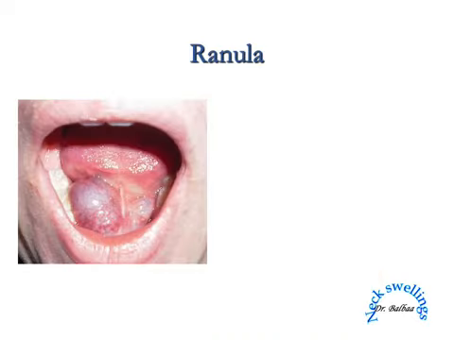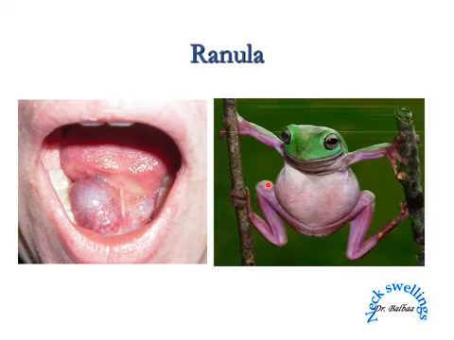Really, ranula in Latin means the frog belly, or the stomach of the frog, because the ranula will present with a swelling, as you see, that maybe resembles the belly of the frog in its shape and in its color. It will be bluish in color, it will be grayish in color. So this is why it has been named this way.